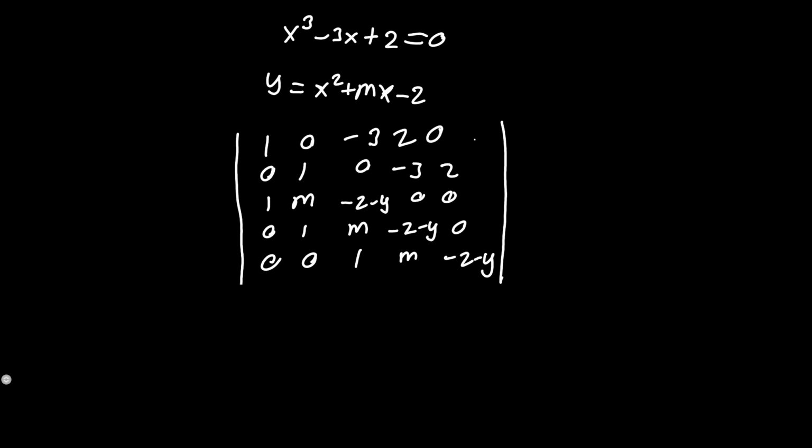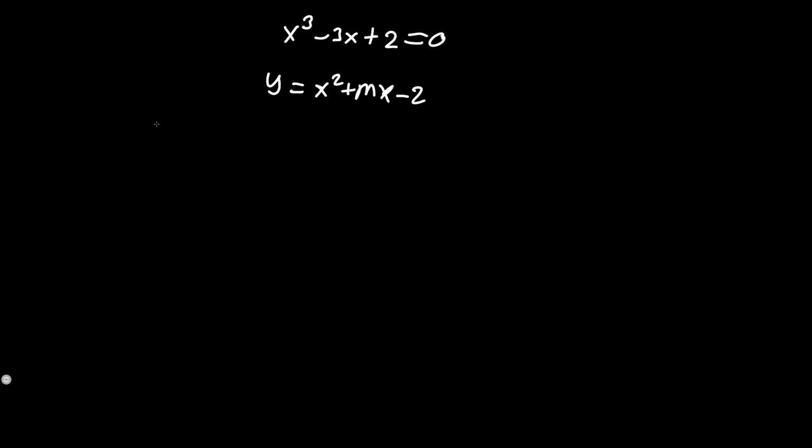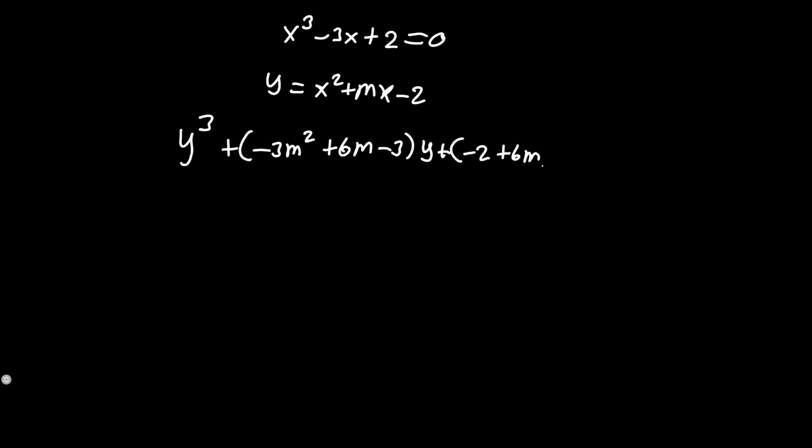And then finding the determinant of this matrix will give us the cubic in terms of y, which is y cubed plus negative 3m squared plus 6m minus 3, all multiplied by y. And then the constant, negative 2 plus 6m minus 6m squared plus 2m cubed.